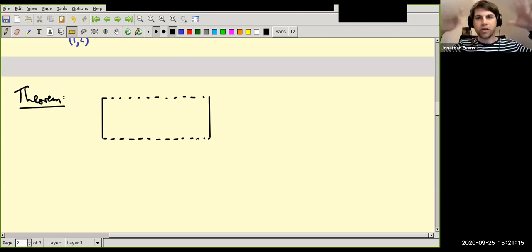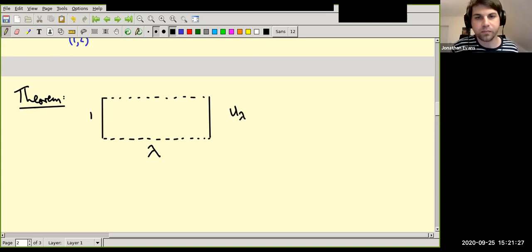So it's kind of an open toric manifold, where this height is really 1 and this length here is lambda. Let's call this manifold U lambda. What is this? This is a sphere in this direction with area lambda, and in this vertical direction, it's a sort of open annulus.